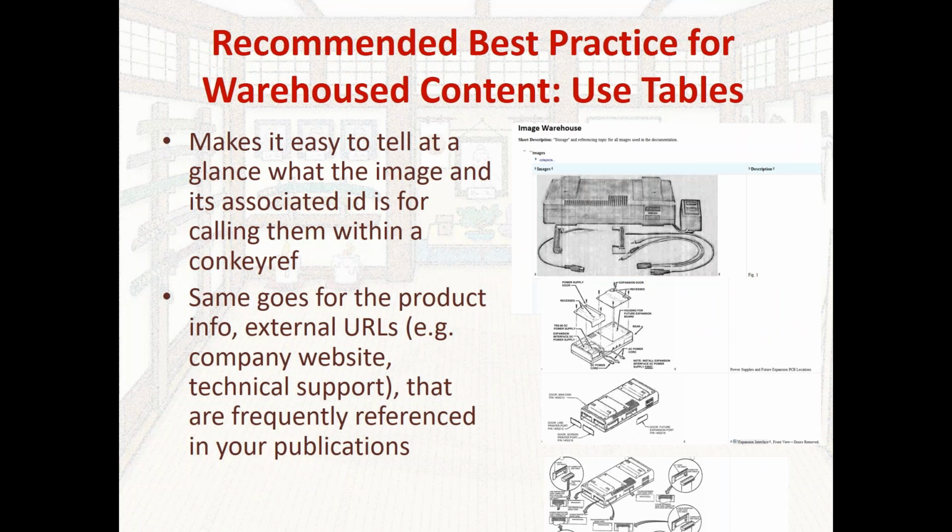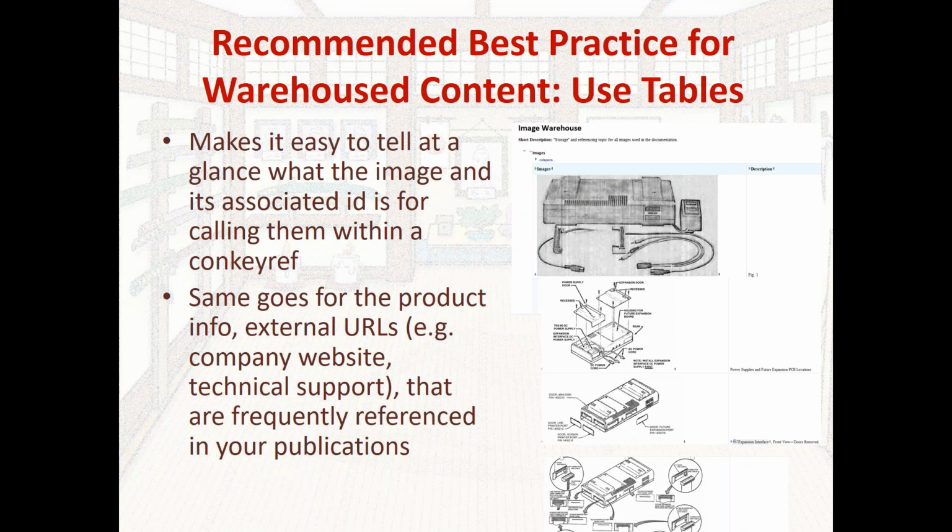The recommended best practice for warehoused content, keyed warehouse content, is to use tables. This makes it easier to tell at a glance what the image and its associated ID is for calling them within a ConKeyRef. The same also goes for things like product info, external URLs, such as the company website or technical support URLs, whatever else you might have to reference within your publication.